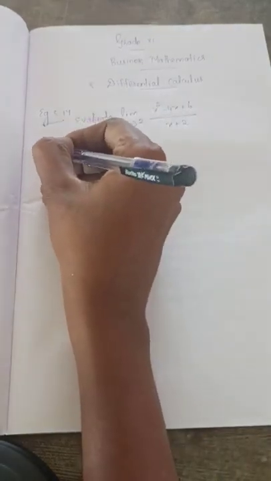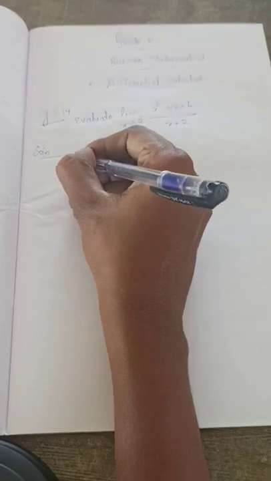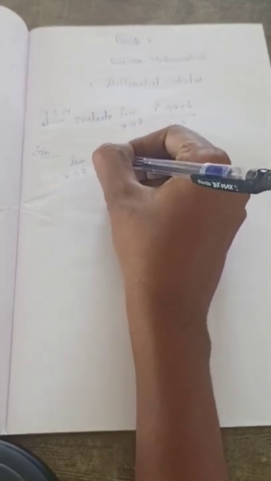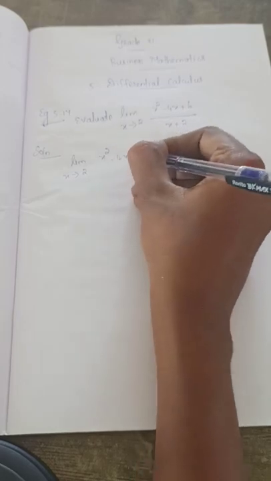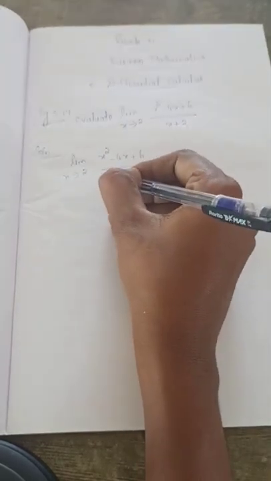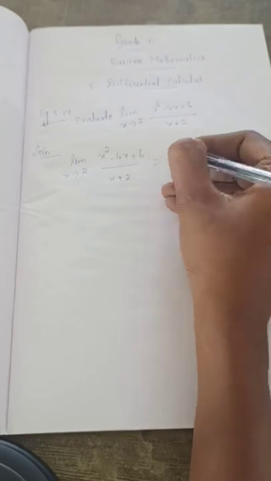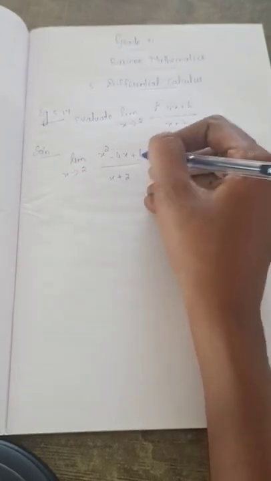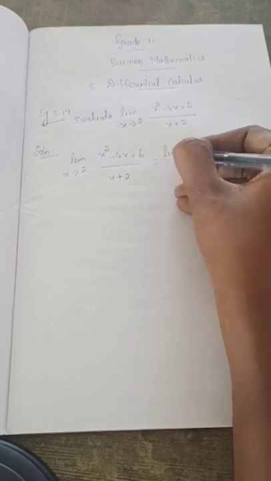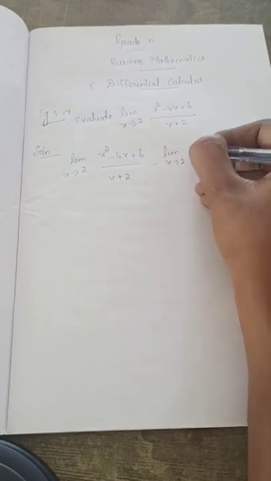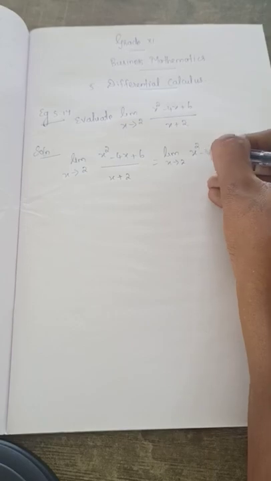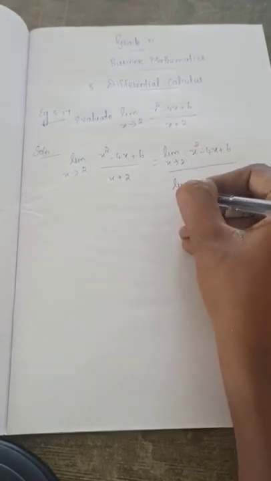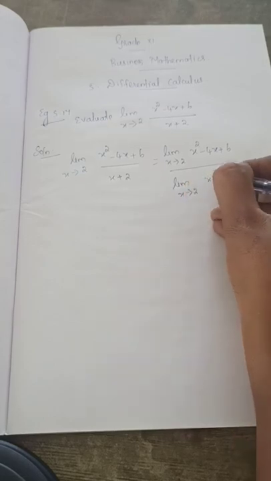Solution. Limit x tends to 2 of x square minus 4x plus 6 divided by x plus 2 equals, we are going to take the limit for the numerator and denominator separately. So limit x tends to 2 of x square minus 4x plus 6 divided by limit x tends to 2 of x plus 2.